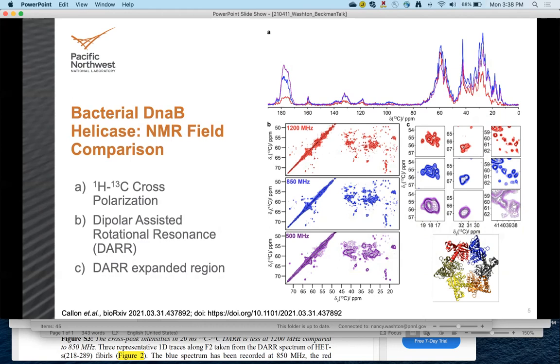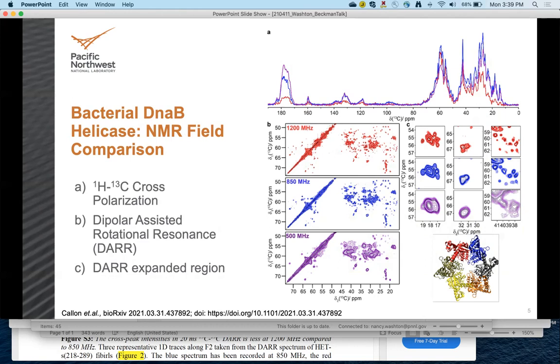Now, one other thing to note, going up in field is almost always beneficial, but not always. As can be seen from the one-dimensional spectrum at the top, which is proton carbon-13 cross-polarization, you'll note that around 180 ppm, in fact, the intensity of the peaks goes down as you go up in field.